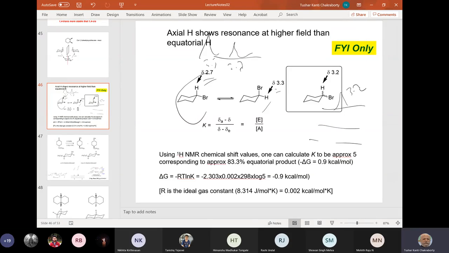They will change, and the interconversion is so quick that you see an average value. Oh, okay, that makes sense. Thank you so much, sir. Yeah, sure.